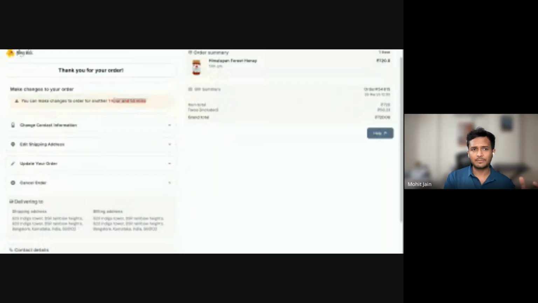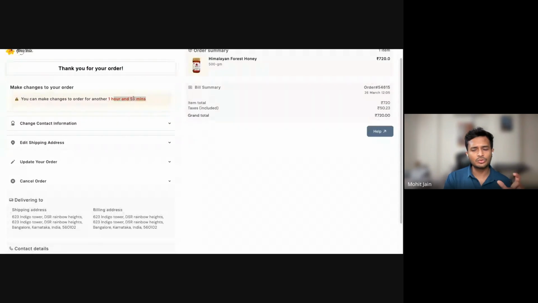For example, this brand, you can see it's around 2 hours. It can be reduced to like 30 minutes. For one of the brands, Asaya, we have this cancellation and editing window for 30 minutes, and they saw a drop of 25% in their RTOs, because with fake orders or customers with low intent, you have this opportunity to just cancel their order.